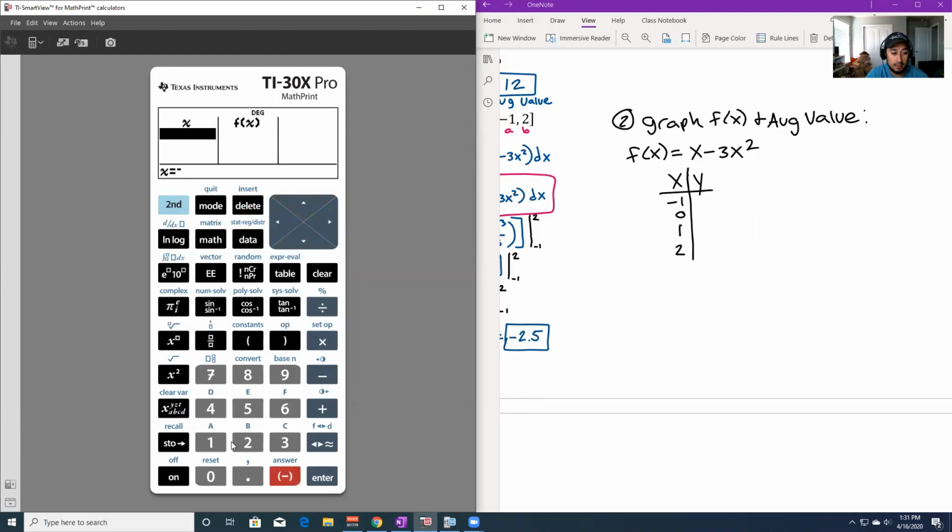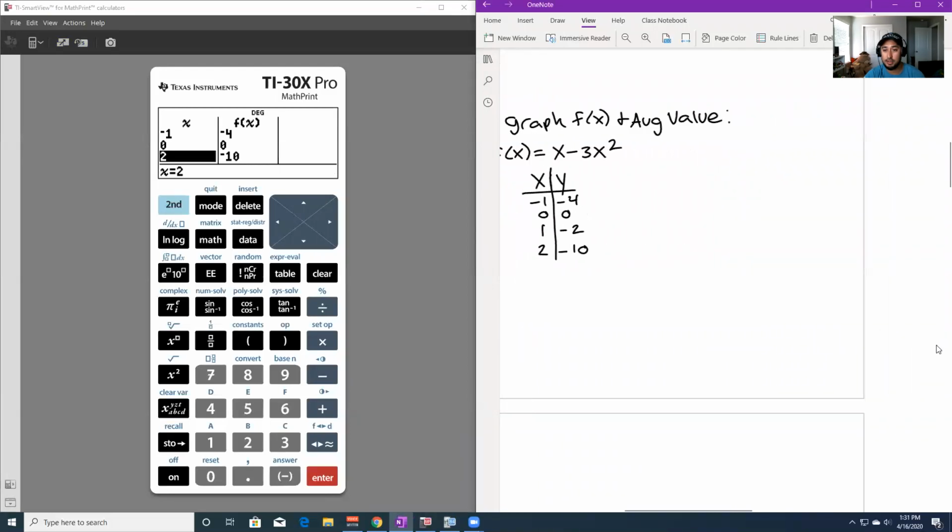So -1 gives me -4. 0 should give me 0. 1 is going to give me -2. And 2 is going to give me -10. Okay. So there's that. Now I'll make my graph.